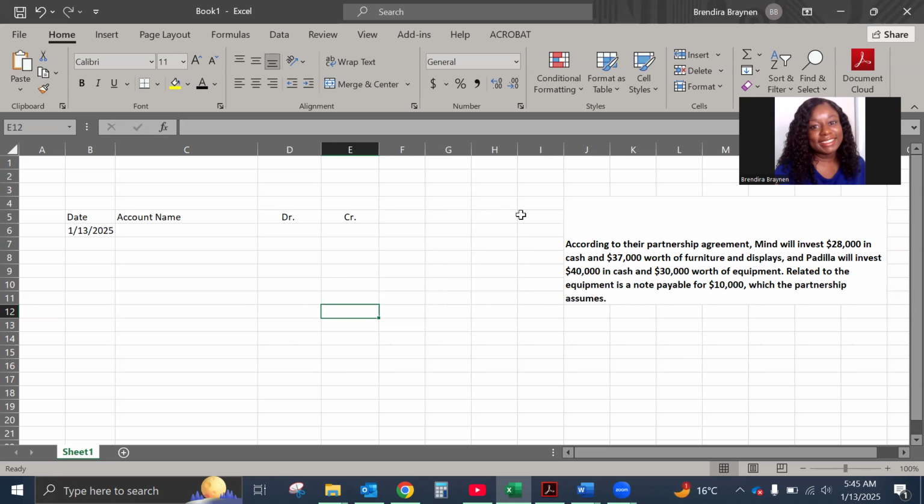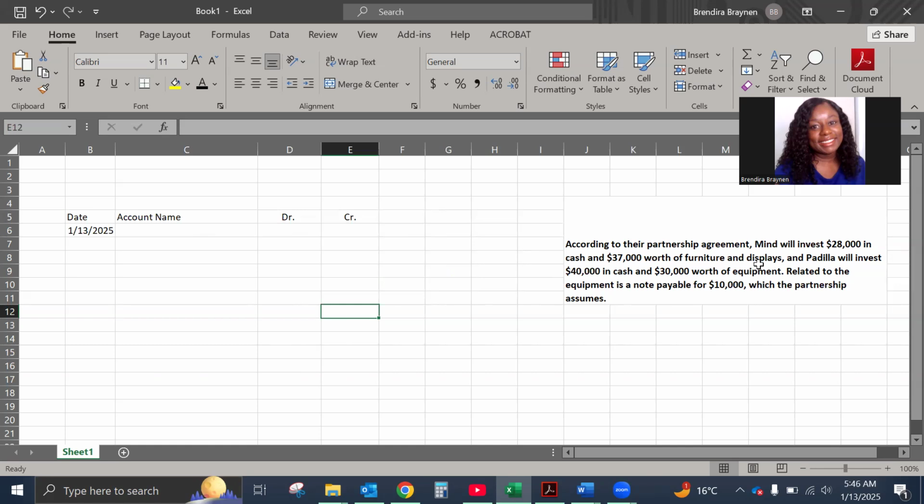In this case, we can do an entry for each partner just to keep it simple, or we can combine it. I'm going to do each partner first and then show you how we can combine it. So Mind, we know, is the first partner. They invested 28,000 in cash and $37,000 worth in furniture and displays.